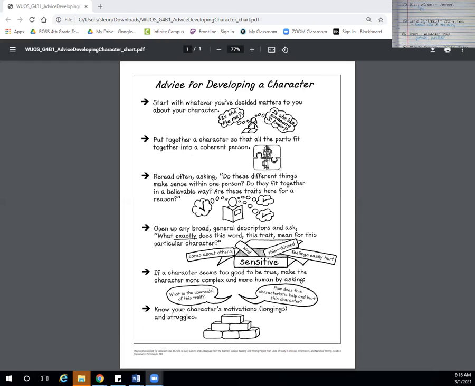Or I could say that they were at specific events. And then I could say that this person was a patriot, a soldier. They could have also been a spy. So we're going to go ahead and brainstorm some characters.